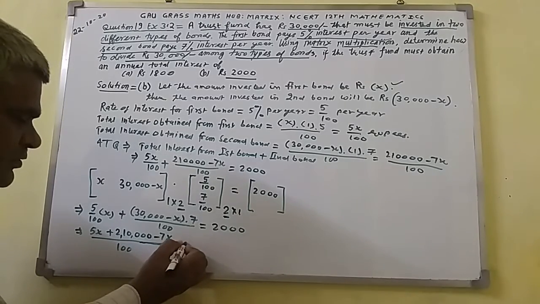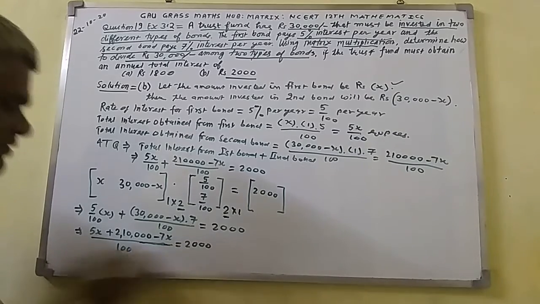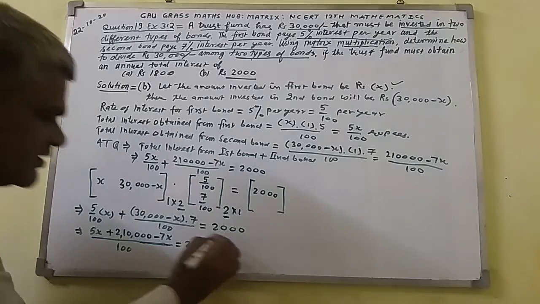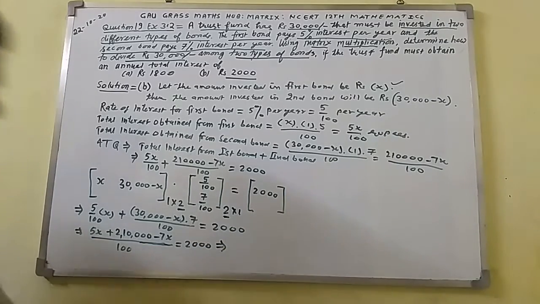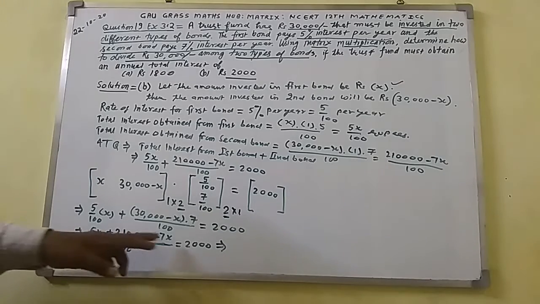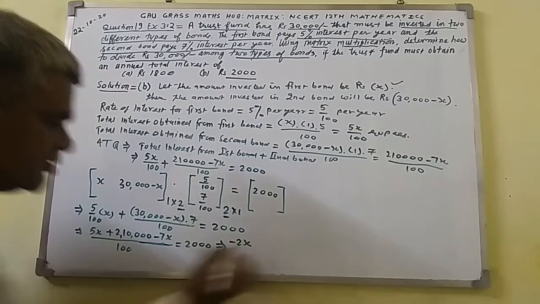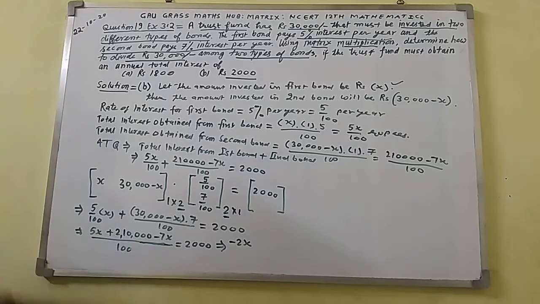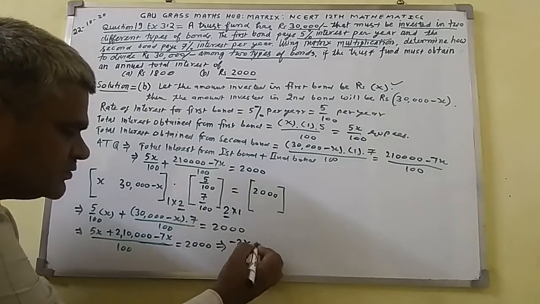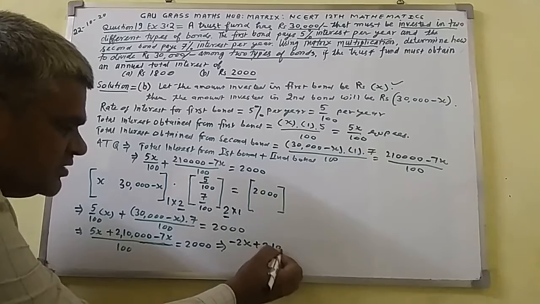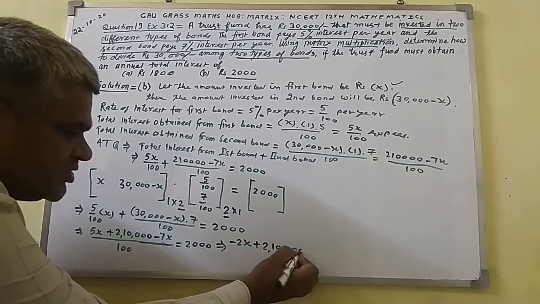Equal to 2,000 I shall write. Simplify the things here. You will get that plus 5x minus 7x you will get here minus 2x, and plus 2,10,000 will be written like this.